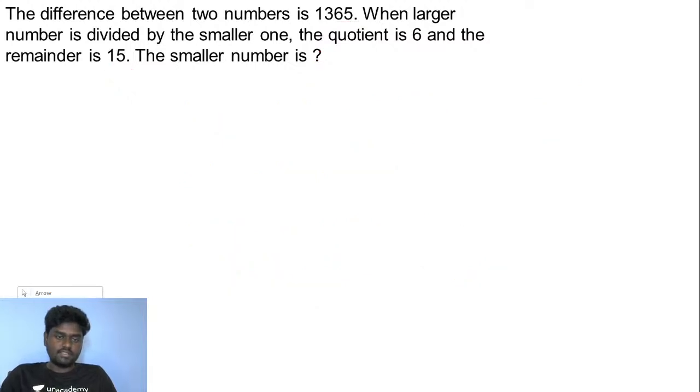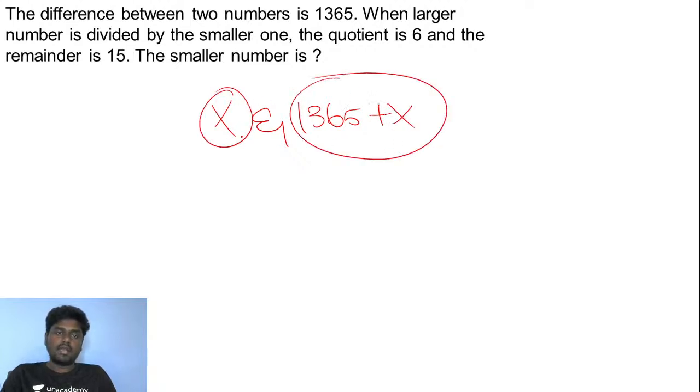Or in the other way, if I take the numbers to be x and 1365 + x, these are the two numbers, and if the larger number is divided by the smaller one, the larger number here is 1365 + x, which is equal to the divisor with the quotient, right?